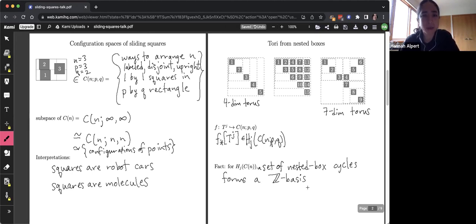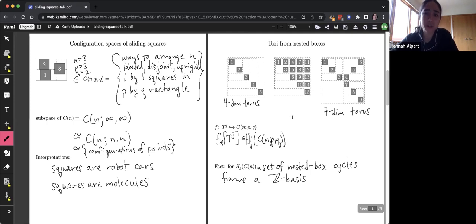So it's a free abelian group, and every element of homology is uniquely a Z linear combination of this specified set of nested box cycles. So that's very nice for points in the plane or squares in the plane.